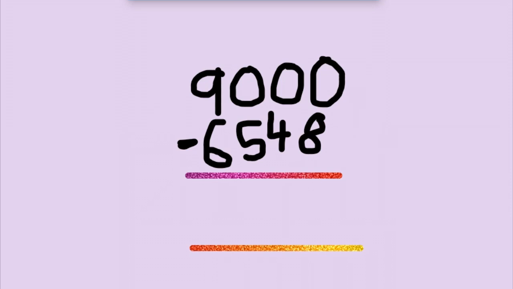So now let us solve the sum. Here there is 0 and there is 8 down. So we cannot subtract 8 from 0. So now we borrow, which is called regrouping in subtraction.